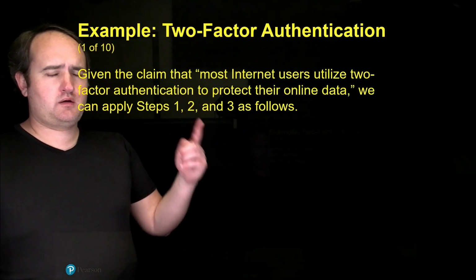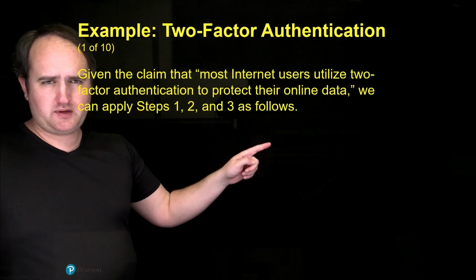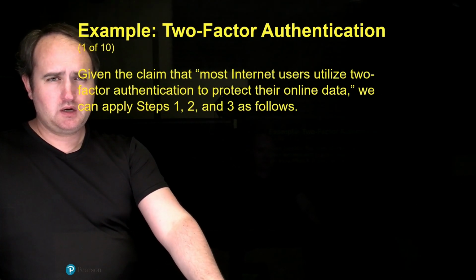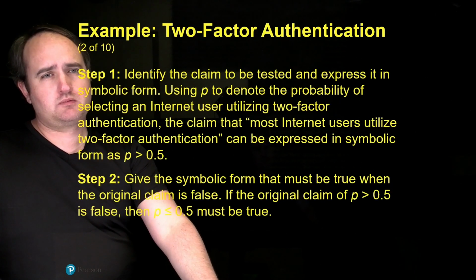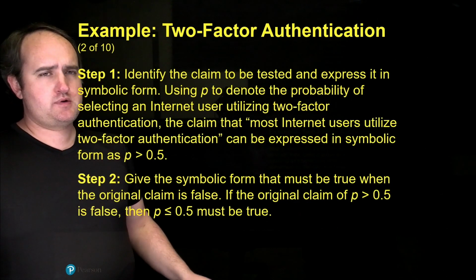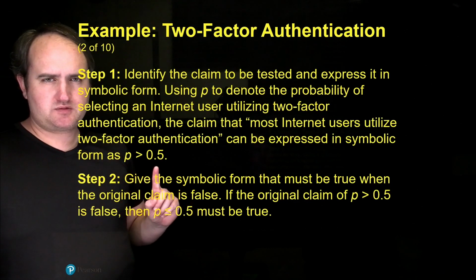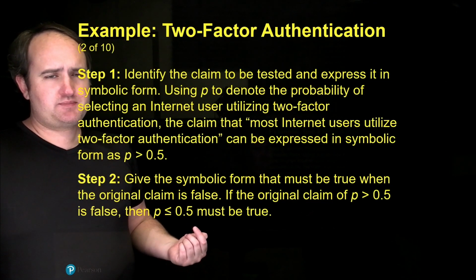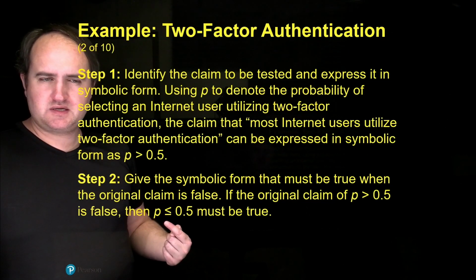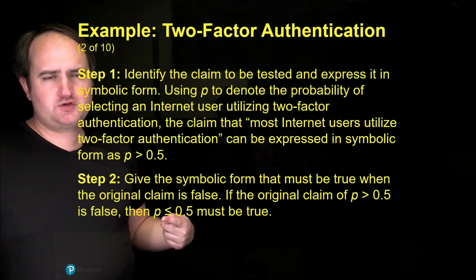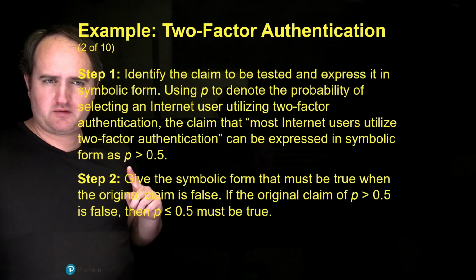So we kind of already wrote out the claim, and I already worked out this problem. So real quickly, returning to our example, step 1 was to identify the claim. That was P is greater than 0.5. Step 2 in our book is they say you sort of do the complement of the original statement.